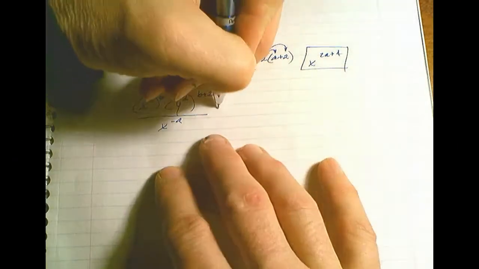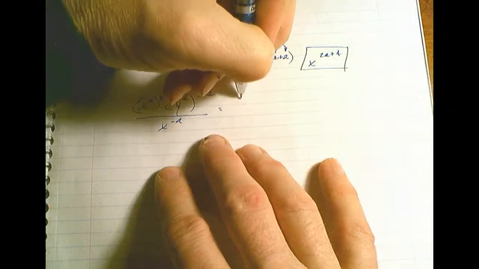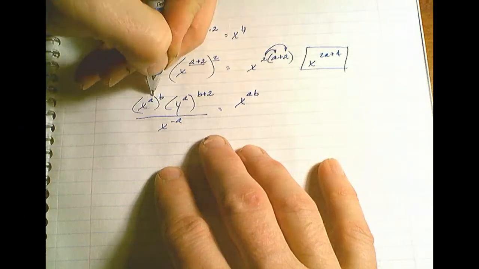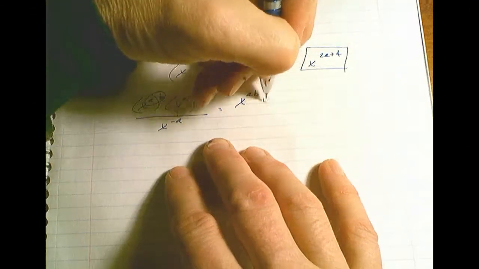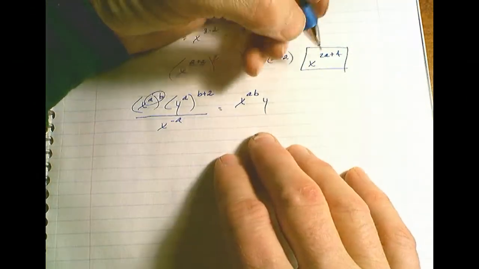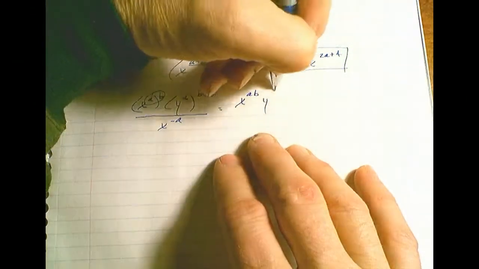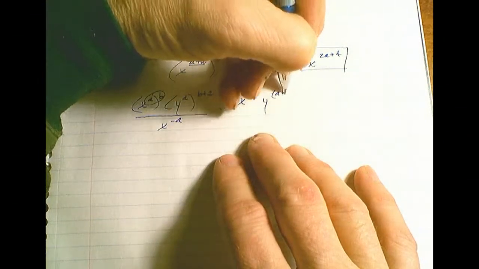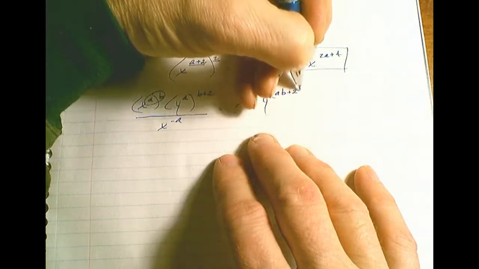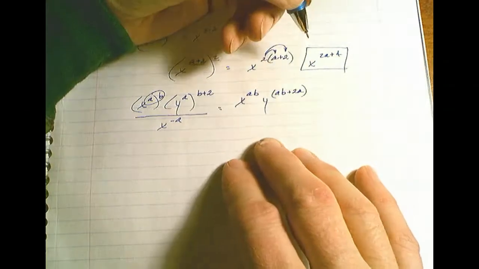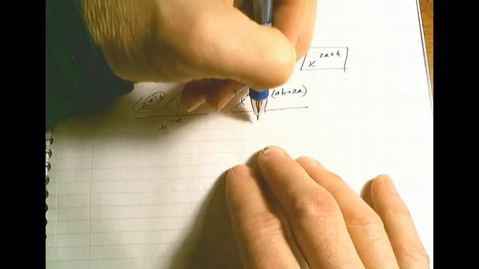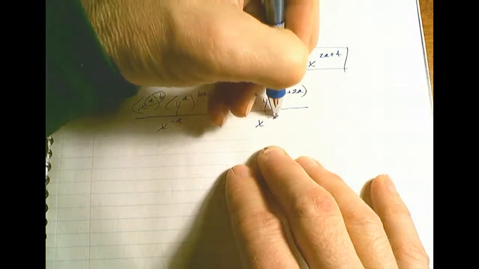So let's just do this one bit at a time. x to the ab power, so we multiply these, y to the, well, let's multiply this times this, ab plus 2a power, and that's all over x to the negative a.